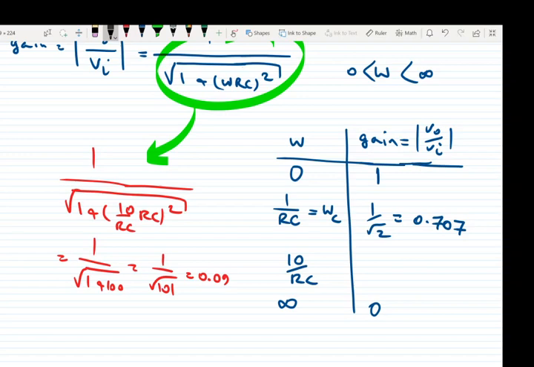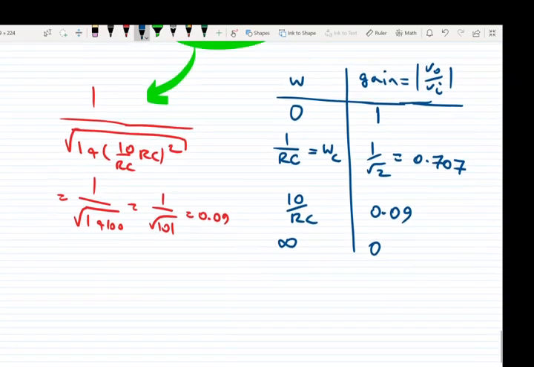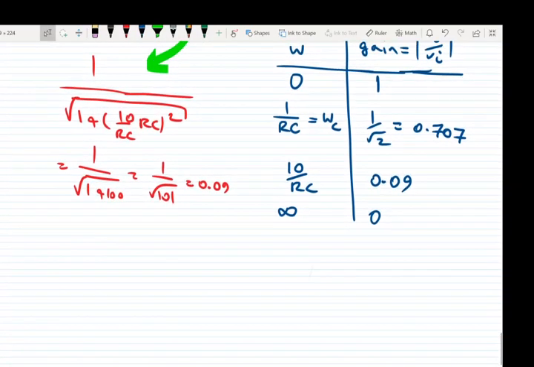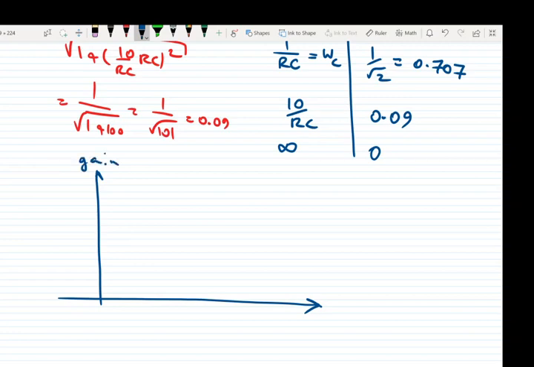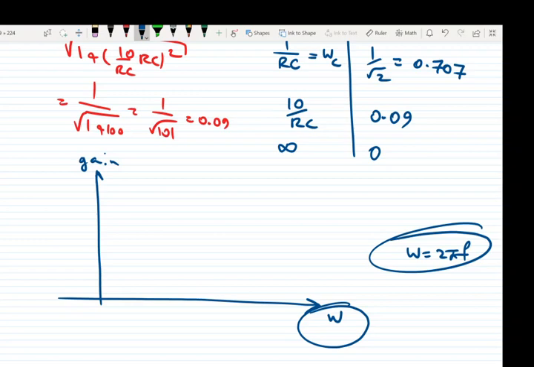So we can say the gain is 0.09. Now that we have these 4 points, we can plot the frequency response. This one is gain, this one is omega, and no matter if you use omega or f, because we know that omega is 2 pi f, they have a linear relationship.